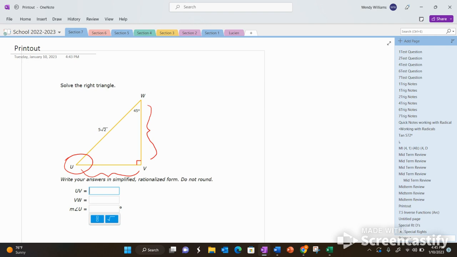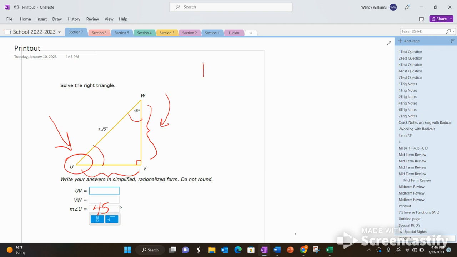All right. So the easiest angle to find is U. How do we know? Because if this is 45, this has got to be 45. Easy peasy, lemon squeezy. Now to find the two missing sides, we say, hey, these are the legs.